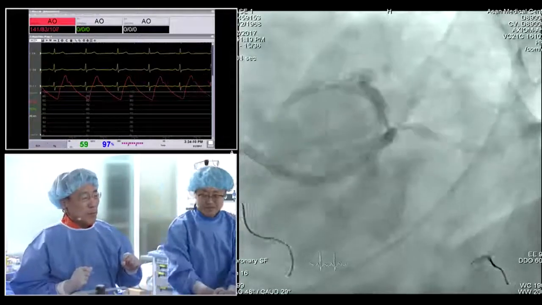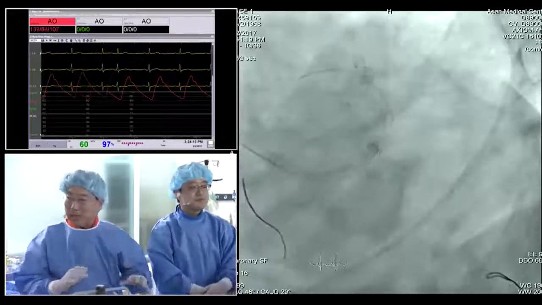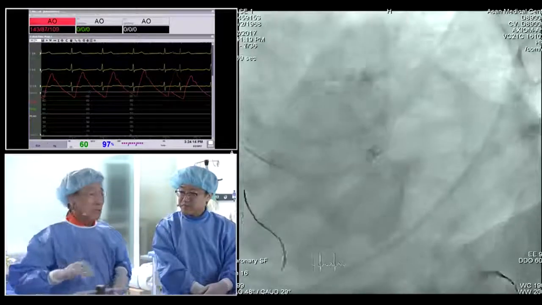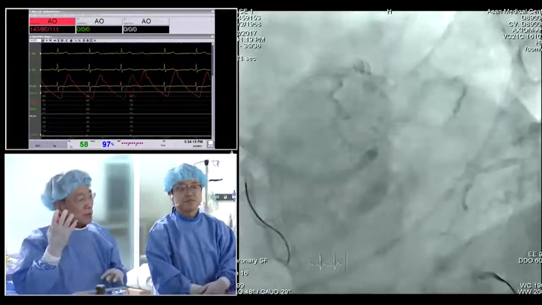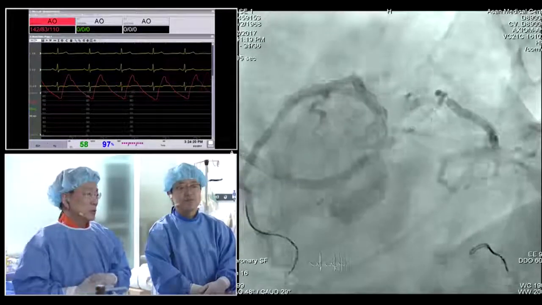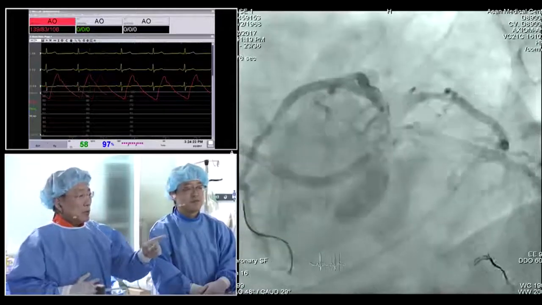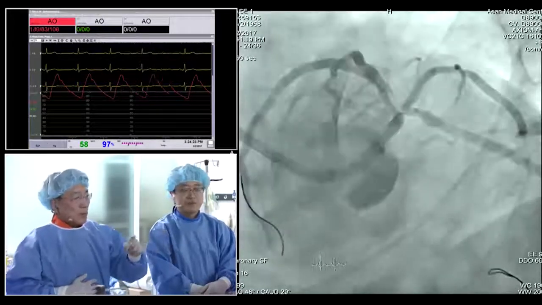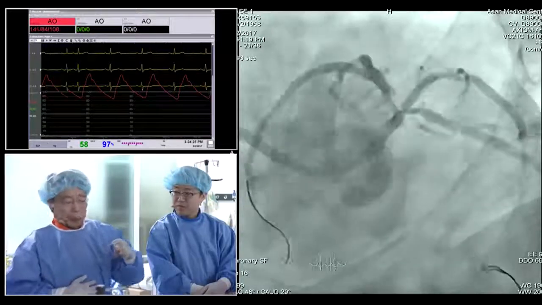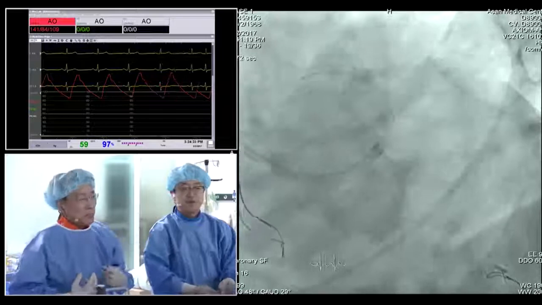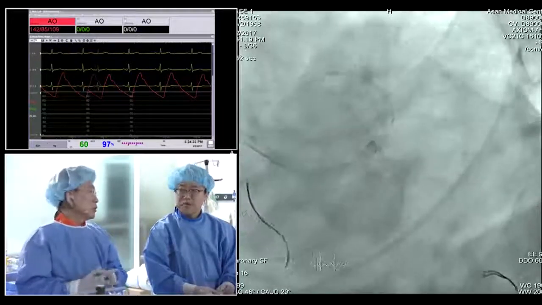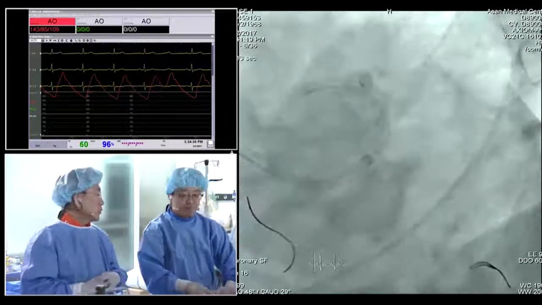The reason is that I think it is relatively safer than the others, a simplified concept and simplified procedure. At this time there were difficulties crossing the IVUS catheter to the circumflex ostium, and there was some dissection. The patient had symptoms, so we just proceeded with our procedure.